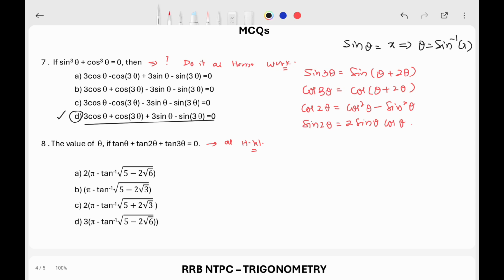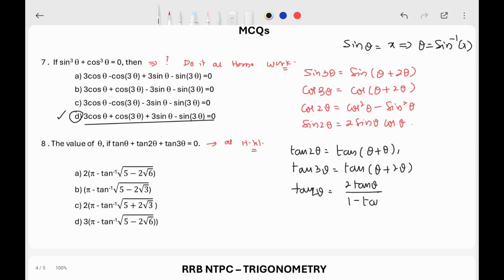Next question also, use the same principle as I told you. For tan theta, tan 2 theta is equal to tan of theta plus theta, tan 3 theta is equal to tan of theta plus 2 theta, and tan 2 theta is equal to 2 tan theta by 1 minus tan square theta.